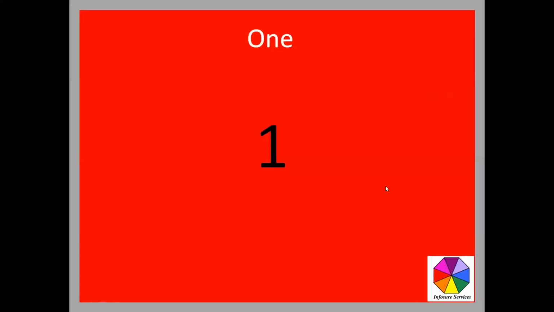Okay, so some more concepts here, to make a clear distinction between what is HTML and what is the presentation or the style sheet. Here is one, the word one and the number one.